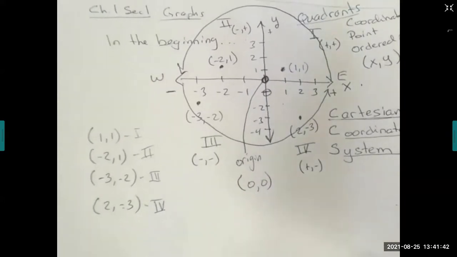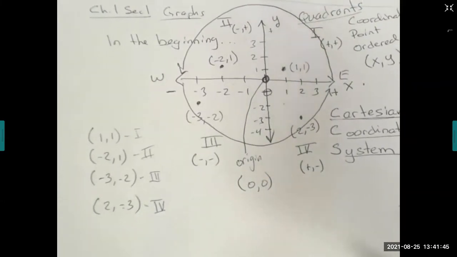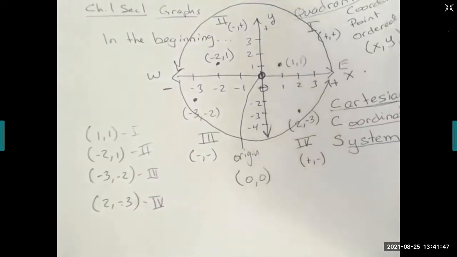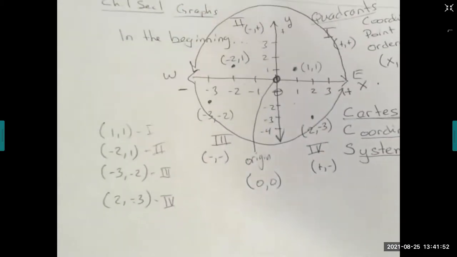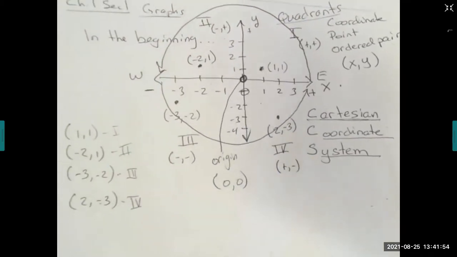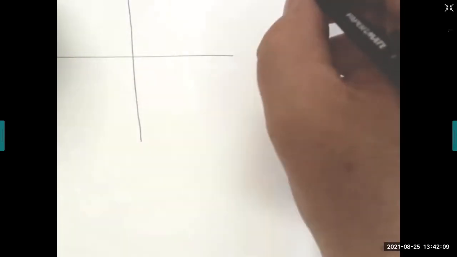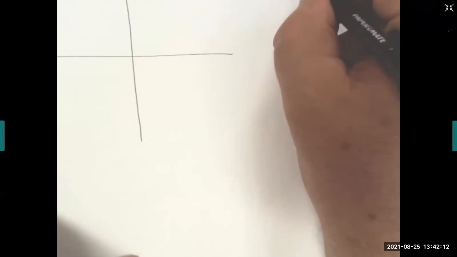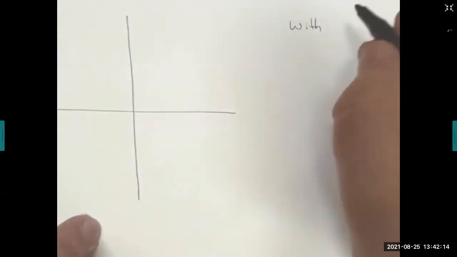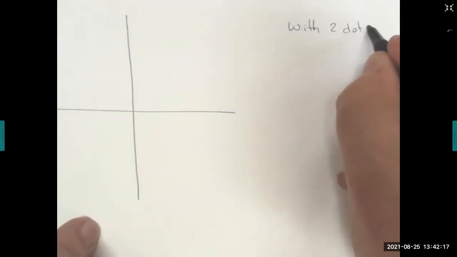So far, so good. Now we have a graph. We have a chart. If we have 2 dots on a graph, on a chart, what can we find with those 2 dots? What can we define? With 2 dots.